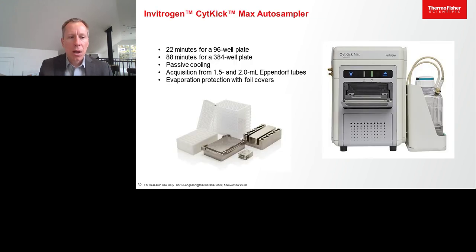And so also for high throughput experiments, this year we launched the Sidekick Max autosampler, which will allow the analysis of a 96 well plate in only 22 minutes, or a 384 well plate in 88 minutes.